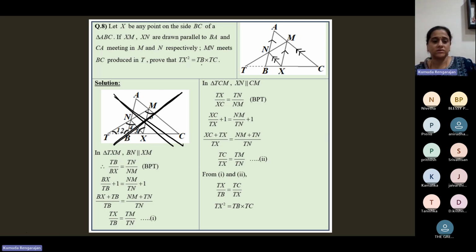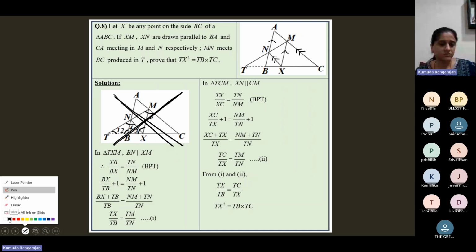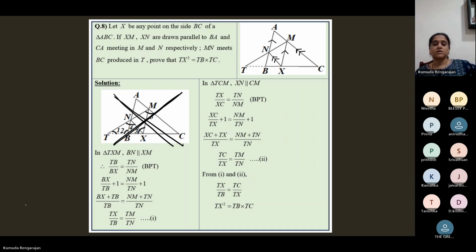Now see it. First you have to identify the triangles where the lines are parallel. So which is one triangle where you have the parallel lines? What is parallel?